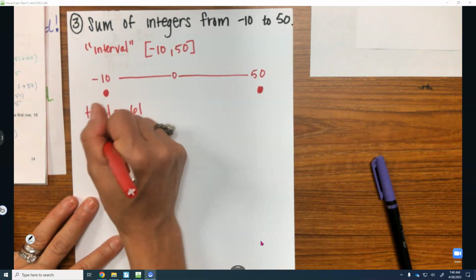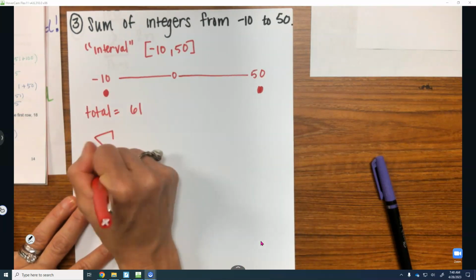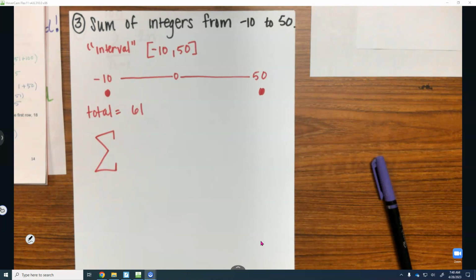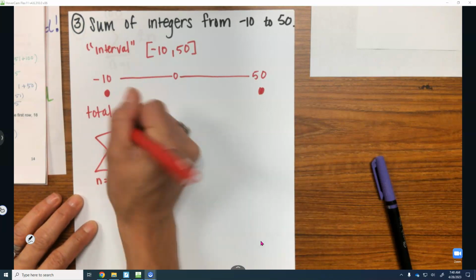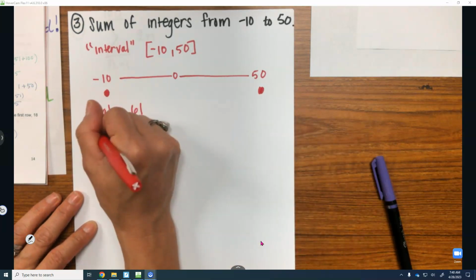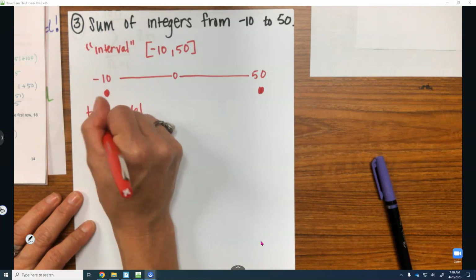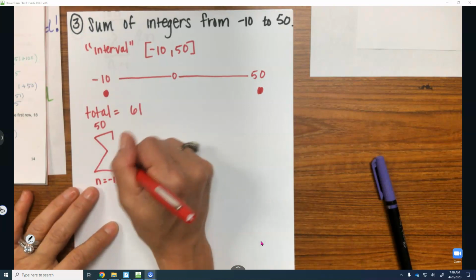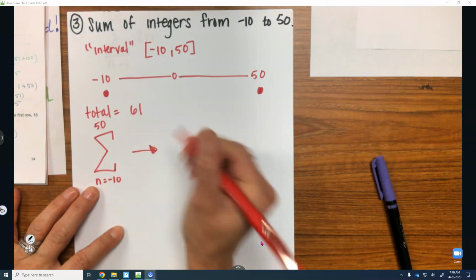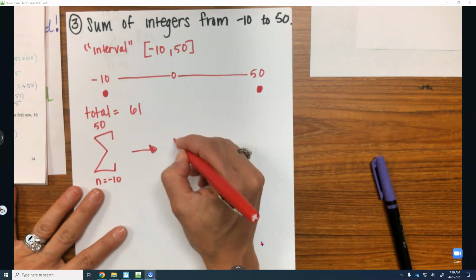Sum. I get to write that fun looking sigma thing. That means sum. So we are finding the sum, and remember n is -10, and we're going to stop at 50, and that's going to be a total of 61 numbers. Now remember that sigma notation. Let's go ahead and talk about partial sum.